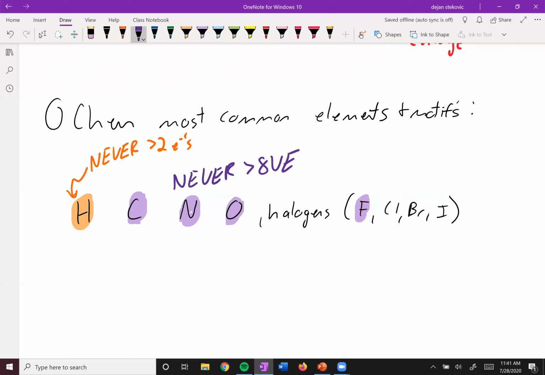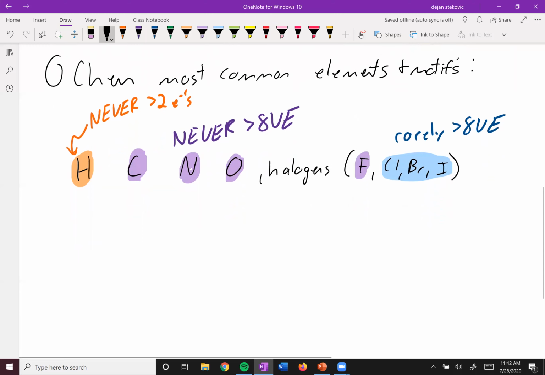If you draw a compound that has more than 8 valence electrons on a carbon, nitrogen, oxygen, or fluorine, you messed up and you did something wrong, right? They will never be able to break the octet rule. Chlorine, bromine, and iodine are capable of breaking the octet rule, but this will rarely happen. So they will rarely have greater than 8 valence electrons.